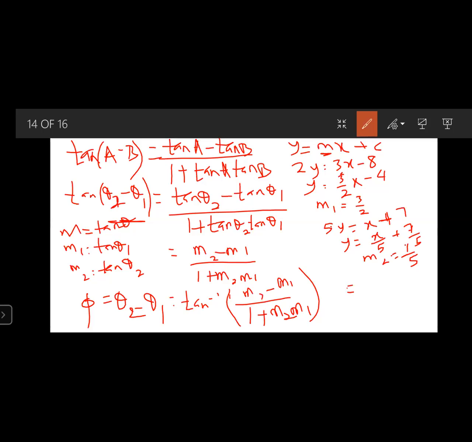So we have tan of 1 over 5 minus 3 over 2. 1 over 5 times 3 over 2 will give us 3 over 10.